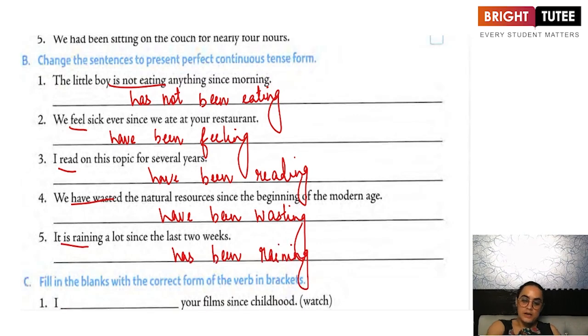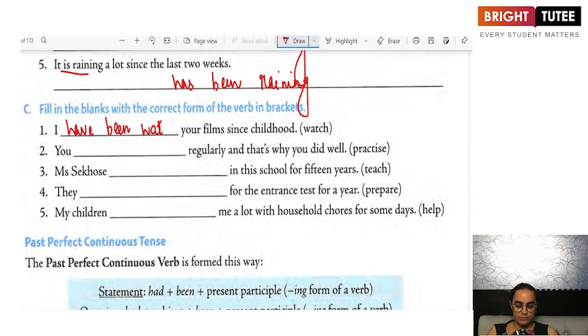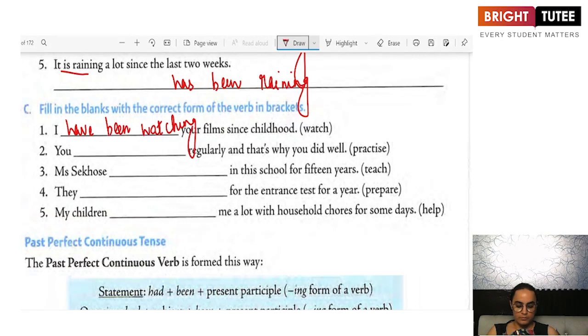Okay? Now the next question says, fill in the blanks with the correct form of the verb given in the bracket. I dash your film since childhood, so I have been watching. You dash regularly and that's why you did well.